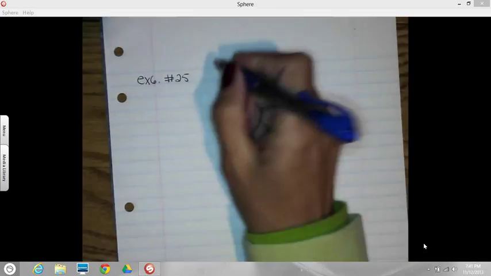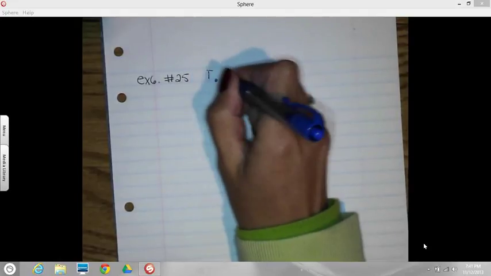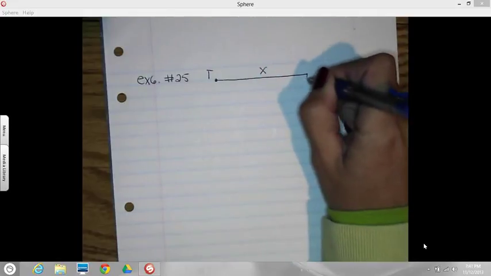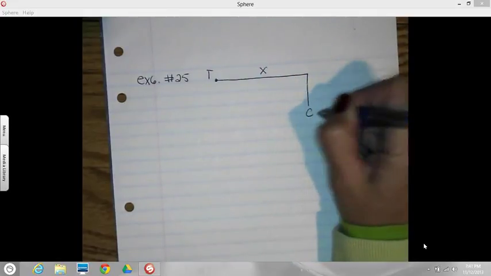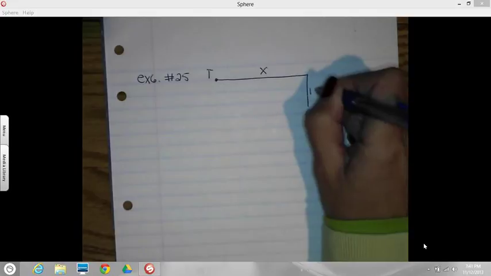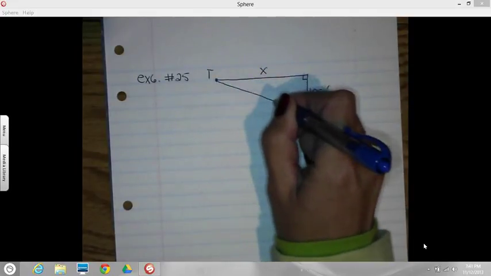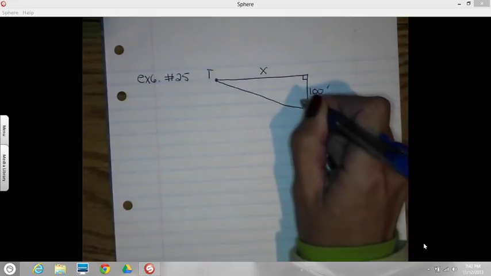So here's our truck. Here's our distance x. Here's the cop. This is 100 feet off the road. This angle is theta.